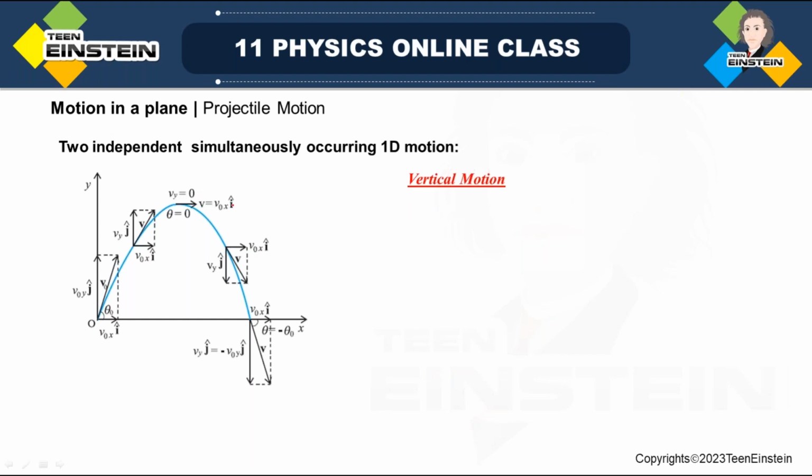So in this case, look, the initial velocity of the projectile, v0y, will be v0 sine of theta 0.